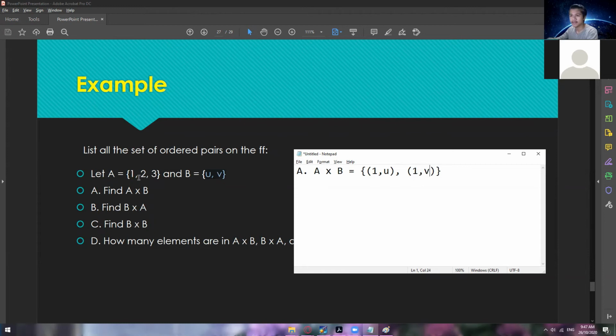So basically, para ka lang nagmo-multiply. Dinidistribute mo lang. Okay? So yung tawag natin dito is yung parang FOIL method. So yung first, inner, tapos outer at saka yung pinaka last. Parang ganun. And then the next one is (2, U), and then (2, V).